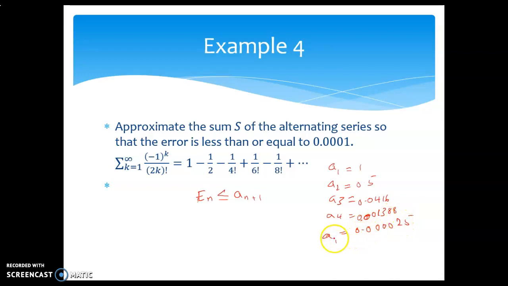This S of 5 is clearly less than or equal to this, right?